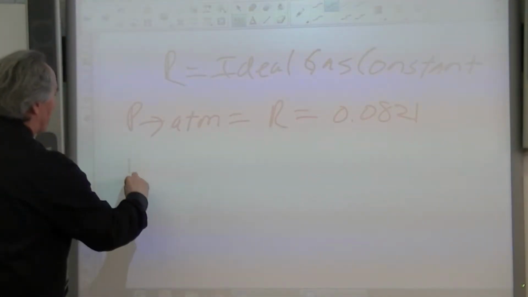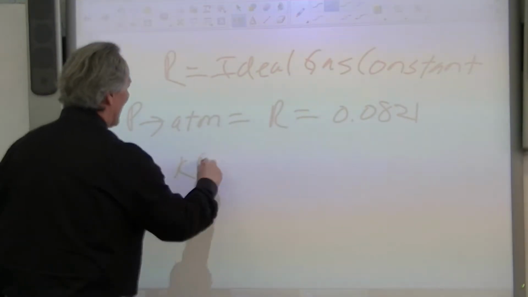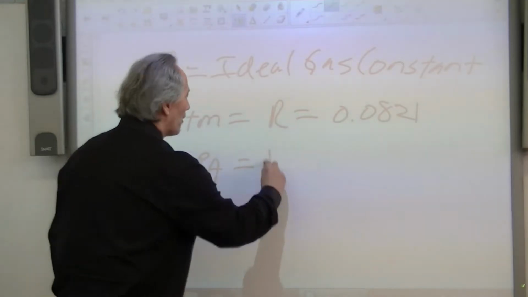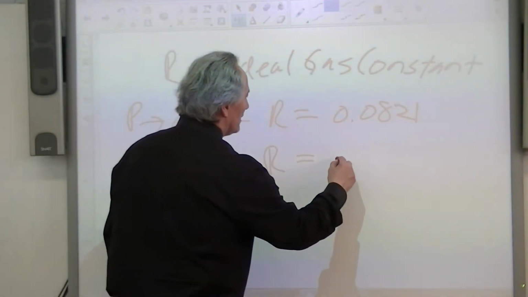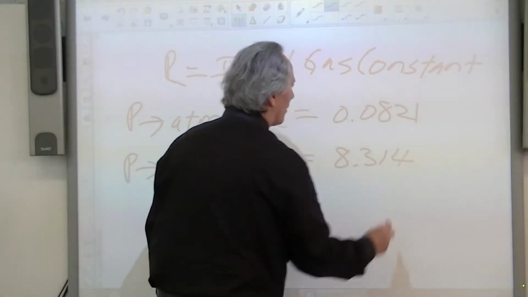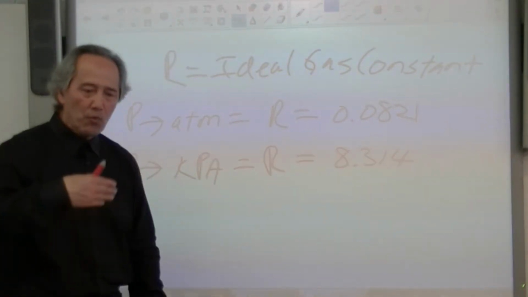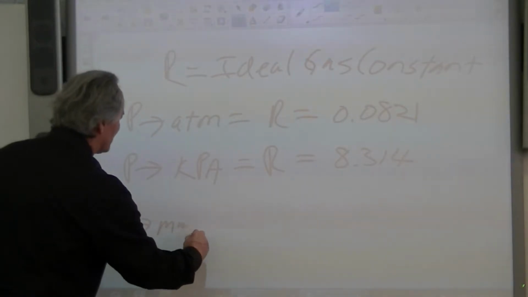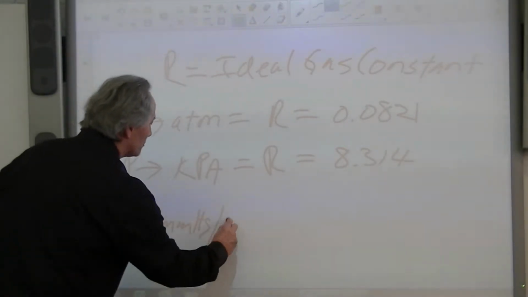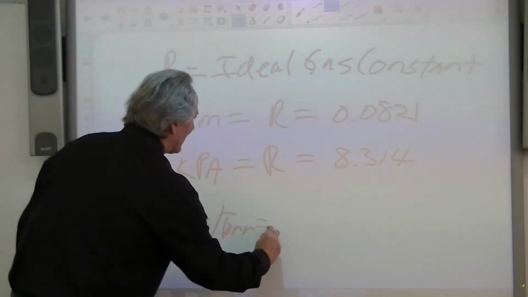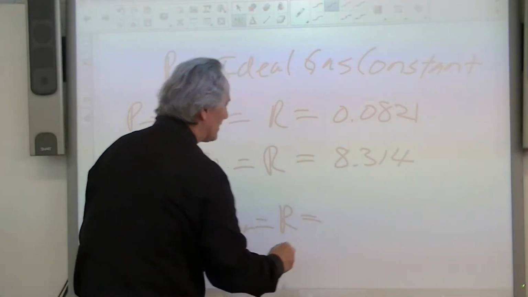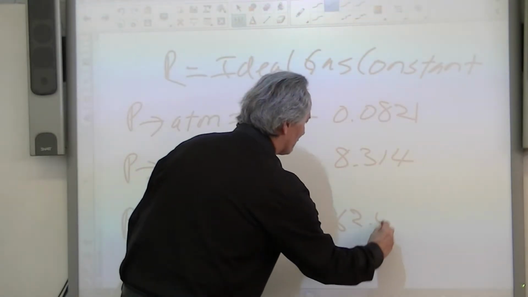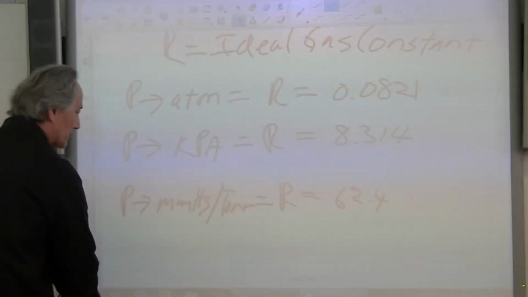Say pressure is expressed in kilopascals, another common unit for pressure. R, therefore, equals a value of 8.314. Let's go one step further. Let's express pressure in terms of mmHg, millimeters of mercury, or torr. Hence the R value, or the ideal gas constant, would equal 62.4. Okay, so far so good.